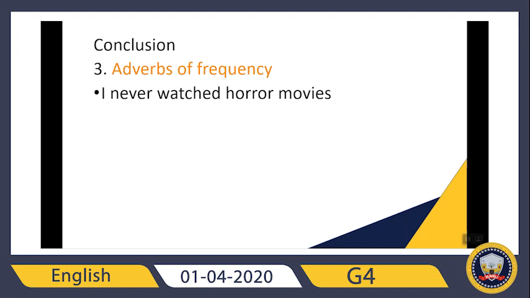What gives us information about watched is never, because never tells us how much you've watched horror movies. It tells us you've never watched horror movies. Never is the adverb in this sentence.